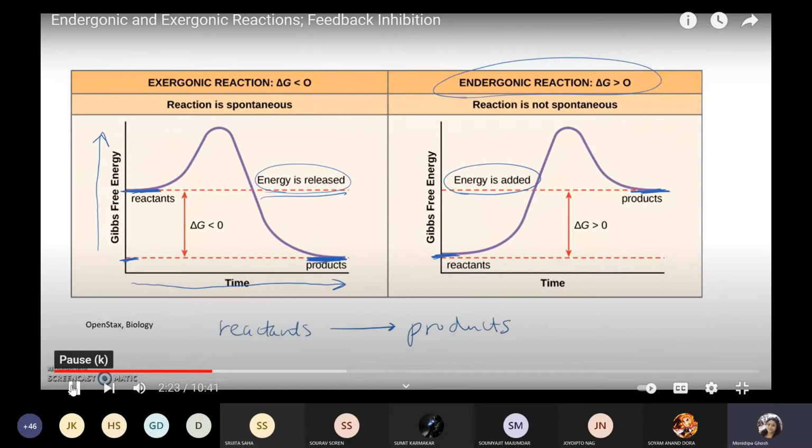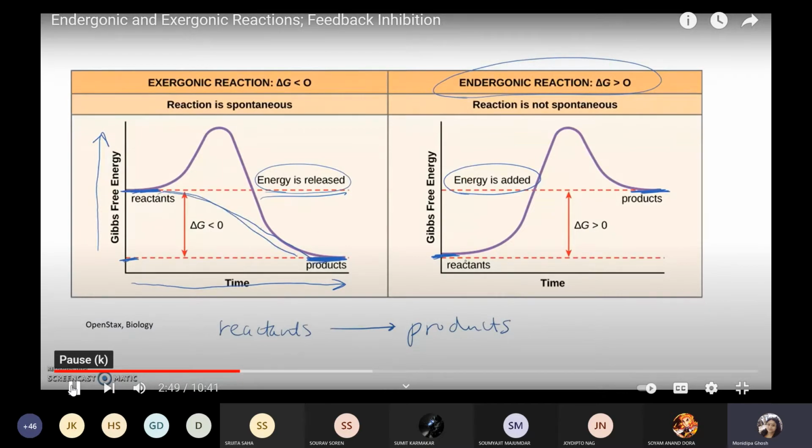So these two types of reactions can be coupled together, so an exergonic reaction can drive an endergonic reaction in the cell. Now, I want to point out something that is common to both of these reactions, and that is that the reaction doesn't go directly from the energy of the reactants to the products.